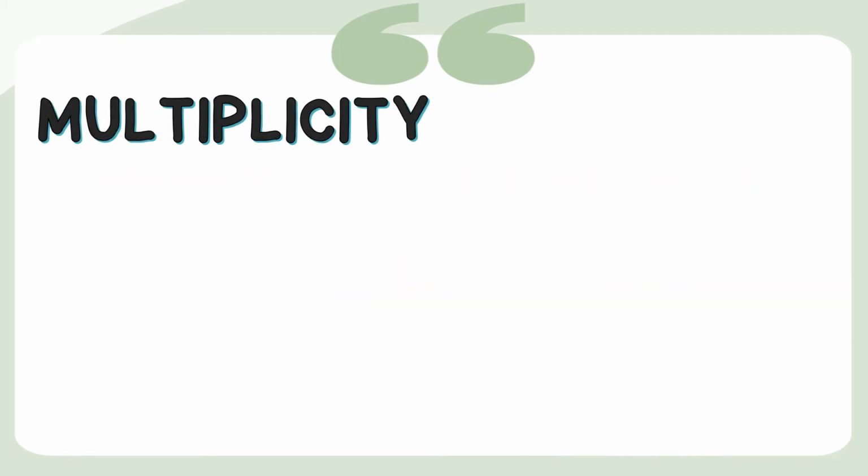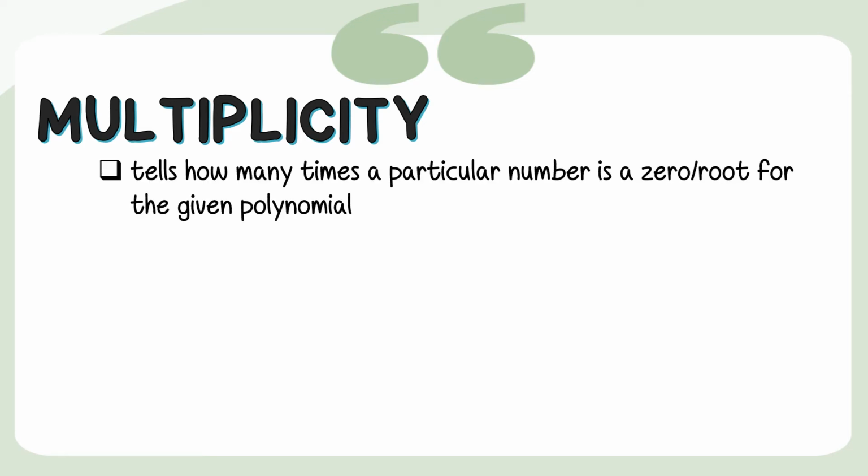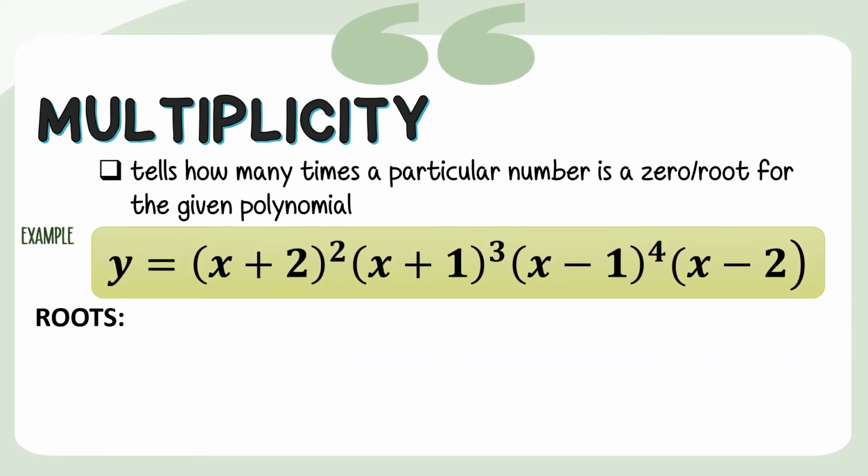Now, we have this term called multiplicity. Si multiplicity, sinasabi niya kung ilang beses naging 0 or root yung isang number. For example, we have this polynomial equation or polynomial function rather.